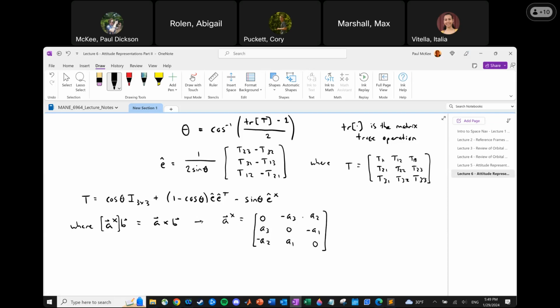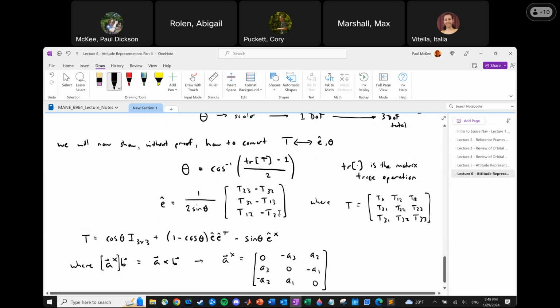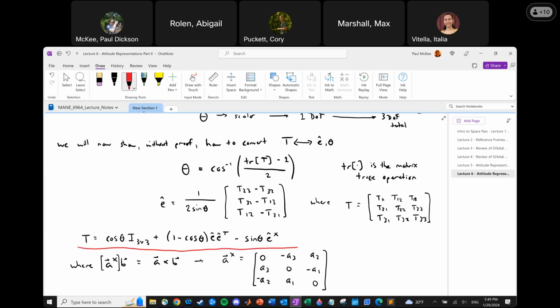You can take a vector and then turn it into a cross product matrix by just rearranging its elements like so. And that gives you this matrix E hat cross, essentially. So those equations, which I might box up in red because they're pretty important, give us the information that we need to map back and forth from an Euler axis, Euler angle to an attitude transformation matrix.